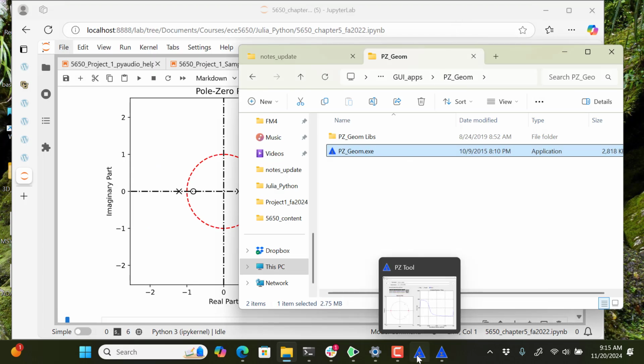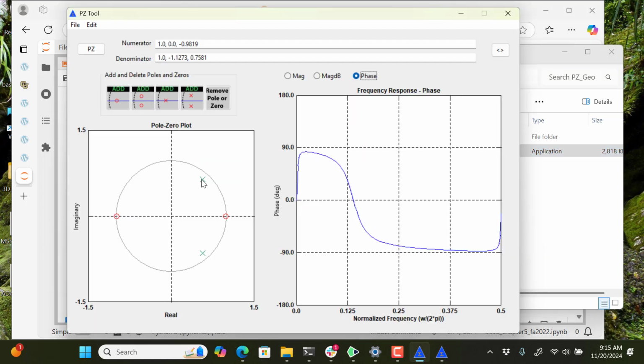The other thing I demoed before you got here was PZ tool, which lets you approximate things. So here, I could take that one, and then I'll remove those two zeros that I put on here, but then I'll add a conjugate zero pair.